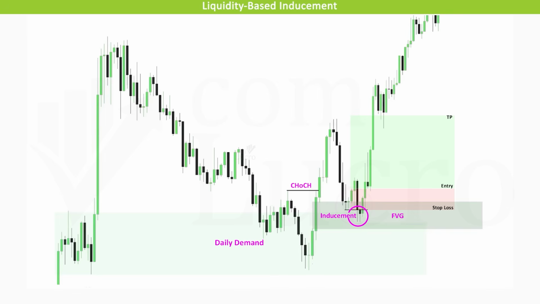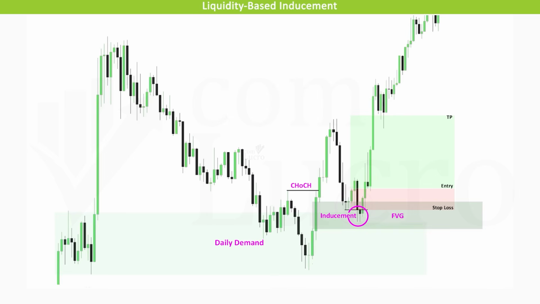Smart money uses this inducement to trigger early buyers, build liquidity below price, make the market appear weak, and trap retail traders who place sell stops under the micro low. All of those stops become the liquidity institutions need to fuel the real bullish move.